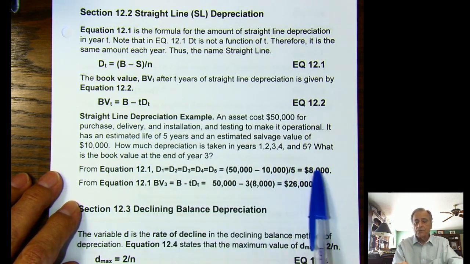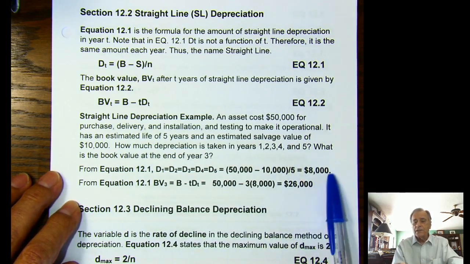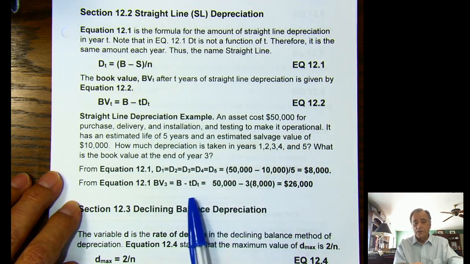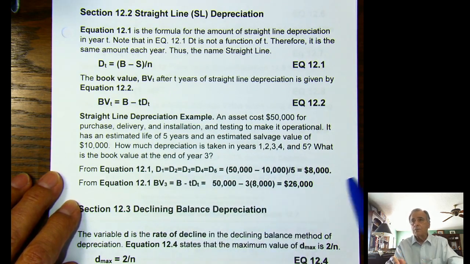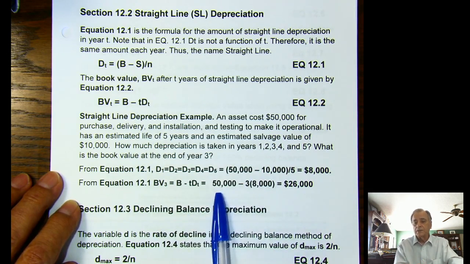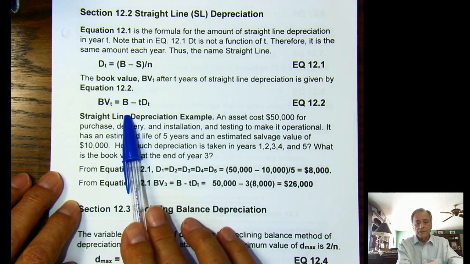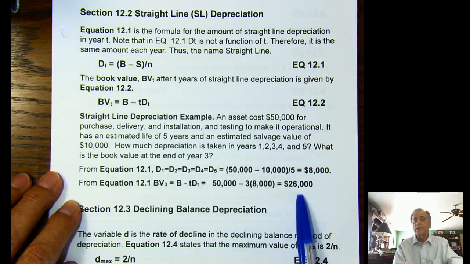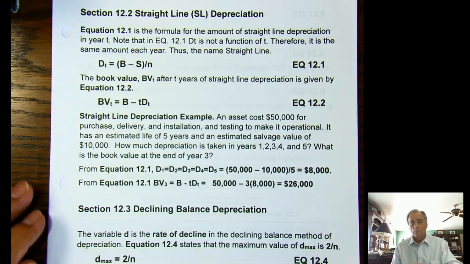Well, after 3 years, you've taken 3 times $8,000 in depreciation, which is 24. We started with a $50,000 book value at time 0. So B is equal to the book value at T equals 0. And so we subtract that 24,000 from the 50,000 using this equation 12.2. We get 26,000 for that.